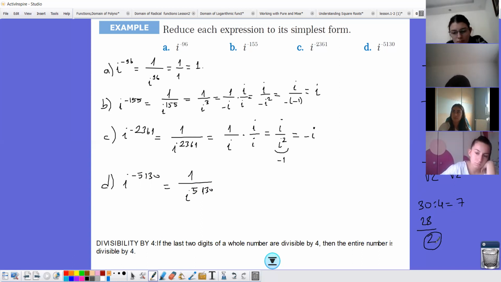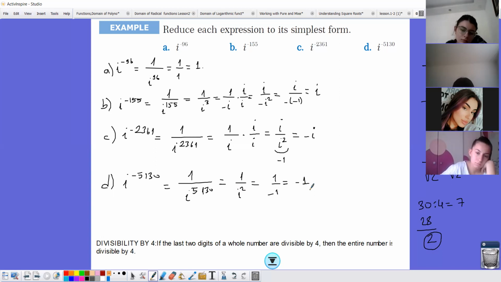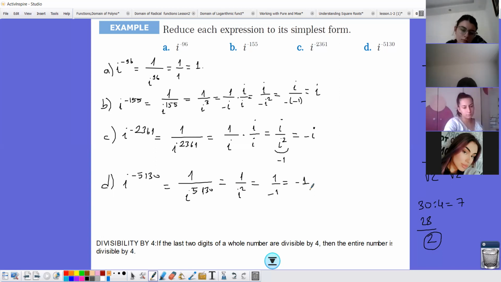We take the remainder and write 1 over I squared. I squared is minus 1, so 1 over minus 1 will be minus 1.